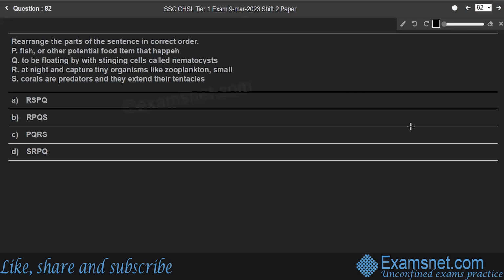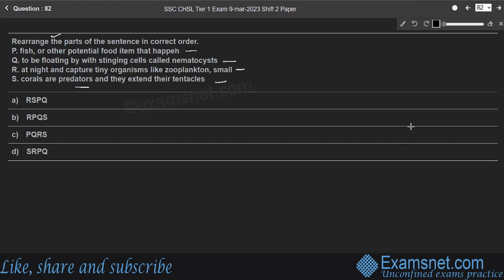Question 82. Rearrange the parts of the sentence in correct order. Here, students, there are 4 parts of a sentence. We have to rearrange these parts to make a correct sentence. It starts by introducing the subject and their action. Here, the corals are predators and they extend their tentacles.